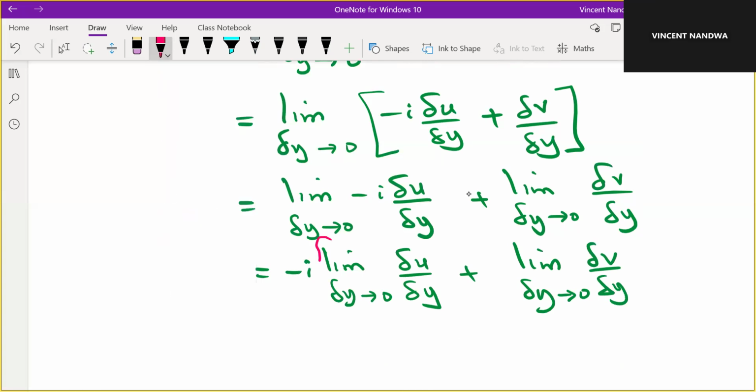So what is the meaning of the limit in the pink brackets?